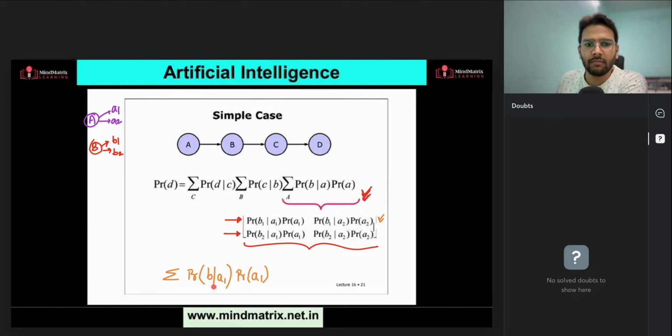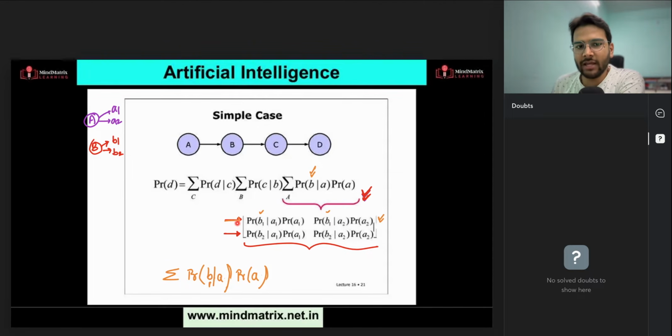Okay, it should be probability of B1 given A, because we are focusing on the B1 value. Mainly we are talking about probability of B given A. A can be A1, A can be A2.